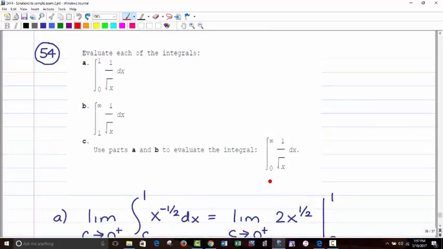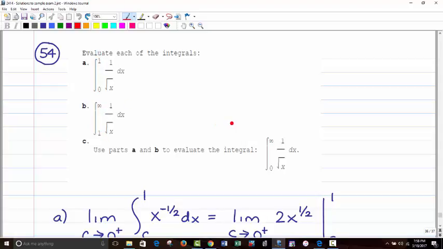Part C is asking you to use that to evaluate 0 to infinity. This goes back to a property of definite integrals in Cal 1. It's not really a separate problem, because that's why it's telling you to use parts A and B. That 0 to infinity can be represented as 0 to 1 plus 1 to infinity.